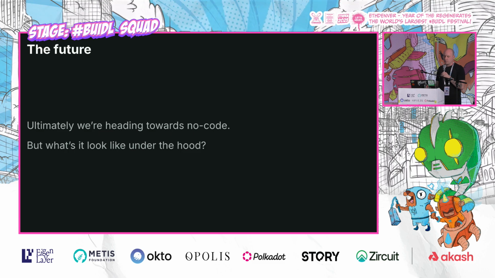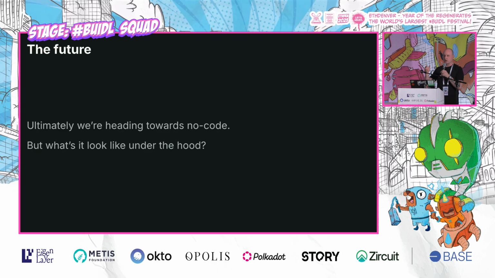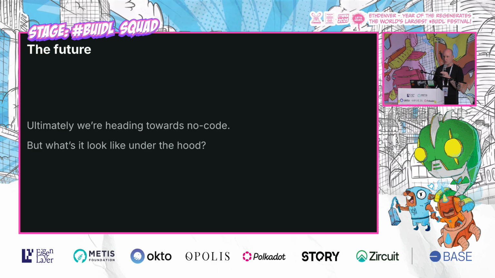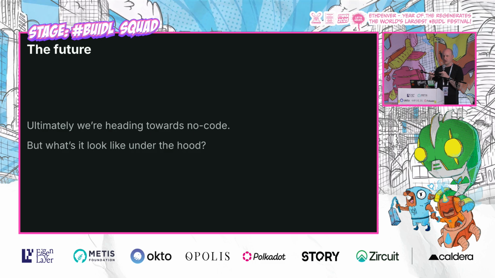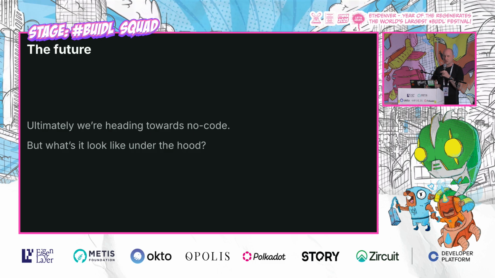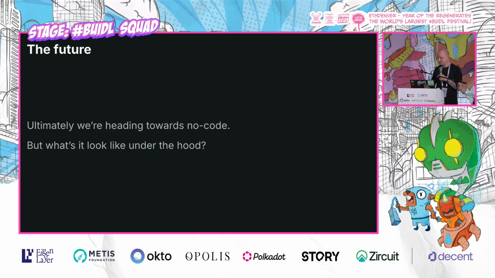You're done. But we know we're going toward no code, and I think the real question for us engineers is, what does that look like under the hood? We know the user experience, but under the hood, is it just a sea of agents, or is there a bunch of hybrid stuff under there where we're making specialized frameworks for agents to use as tools to give us secure generated code? And I think it might be something like that.